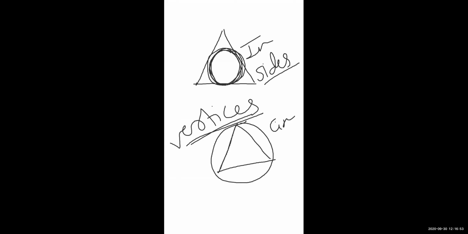While constructing the incircle, we have to find the angle bisector. As it touches the sides, we have to find the angle bisector. And the circumcircle touches the vertices, so we have to find the perpendicular bisectors.